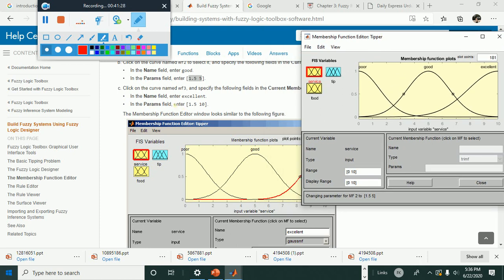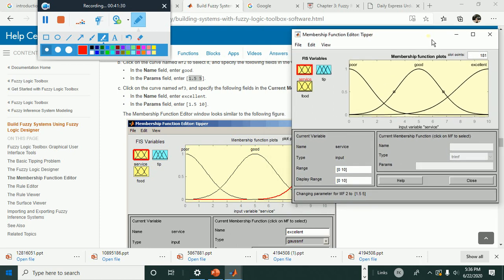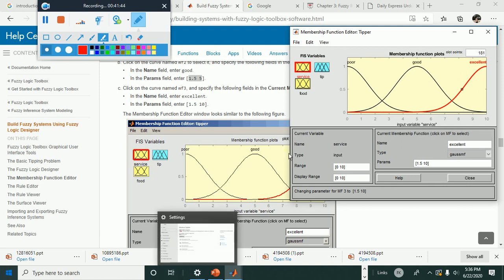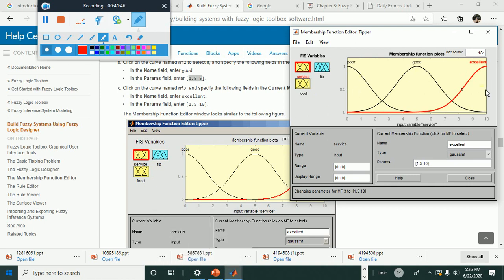And for the excellent we will give from 1.5 to 5. So these are the ranges for the poor, for good and excellent.